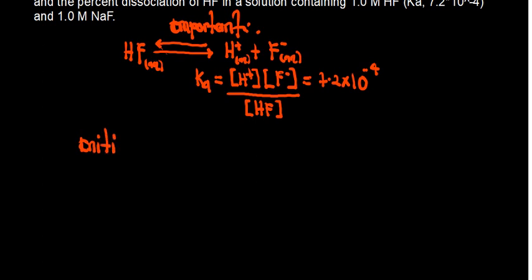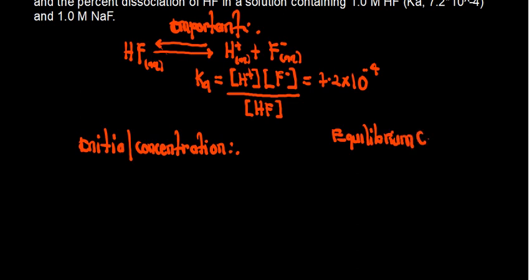What we have here are the initial concentrations, and on the other side are the equilibrium concentrations after the reaction reaches the point of equilibrium.